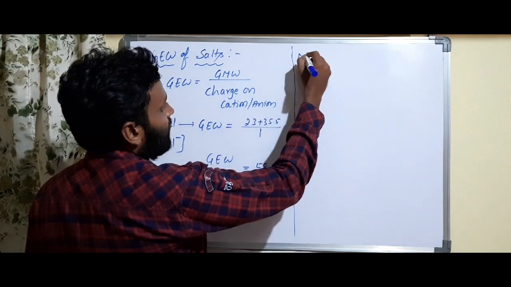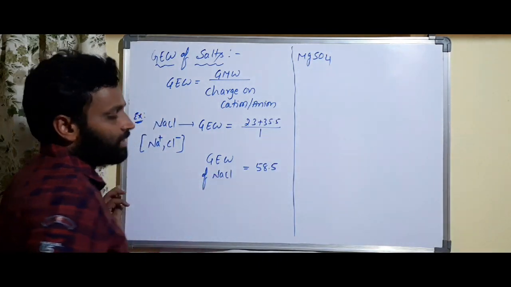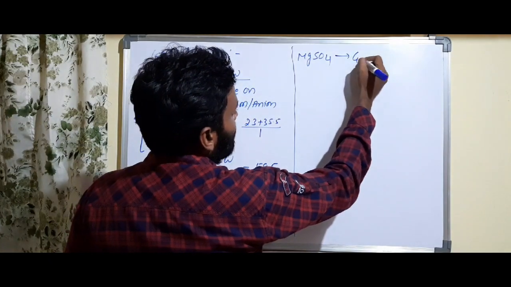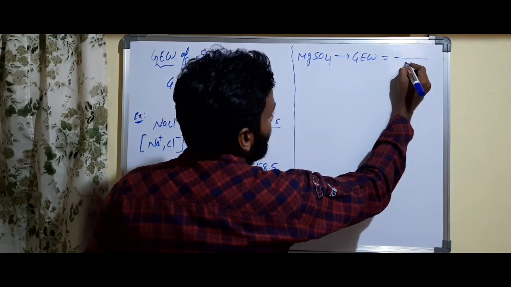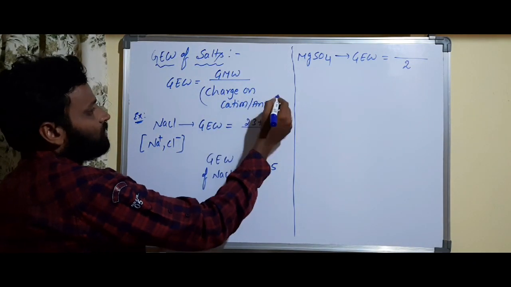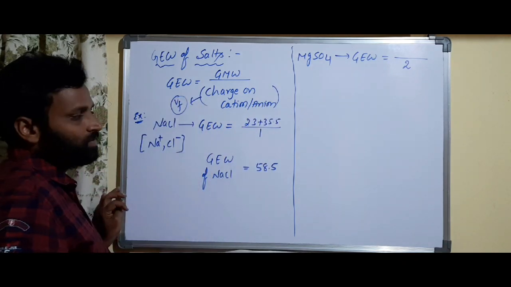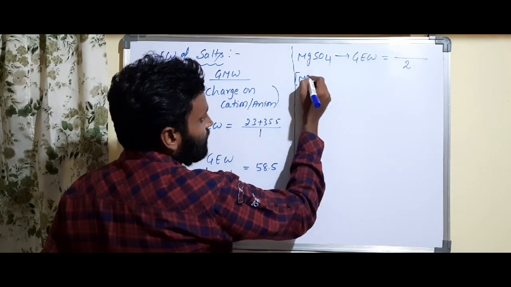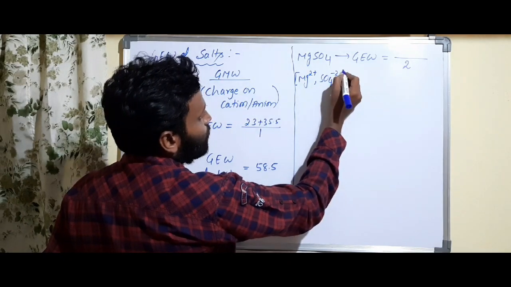So this is the gram equivalent weight of NaCl. Suppose I am taking MgSO4, magnesium sulfate. MgSO4 gram equivalent weight means gram molecular weight divided by 2. Why, sir? This charge on cation or anion is called the valency factor. Here, Mg2 plus has charge plus 2, or SO4 2 minus has charge minus 2.